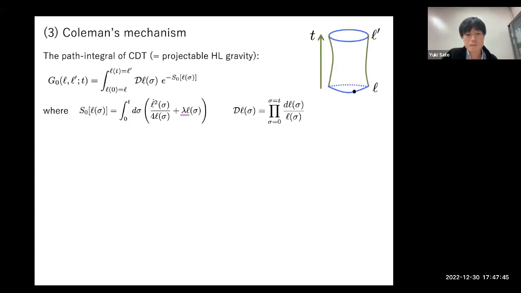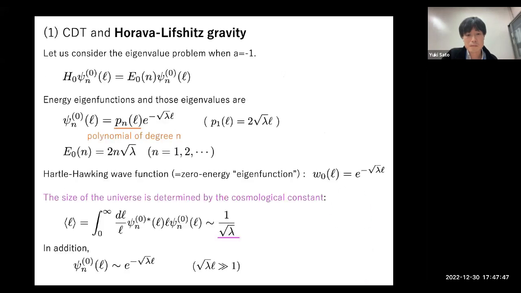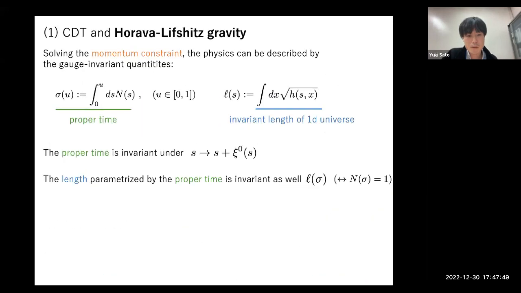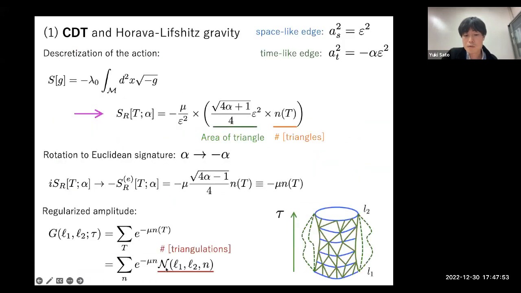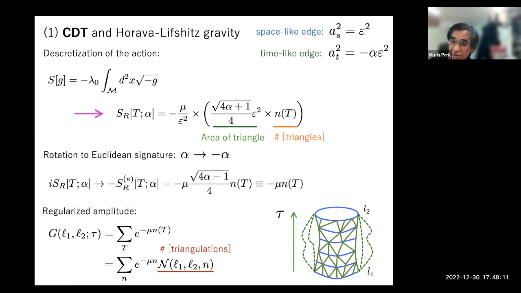So the kinetic term, this one just counts the number of triangulations. From this part, you can get the kinetic term. So in a certain sense, the kinetic term is quantum mechanically induced.